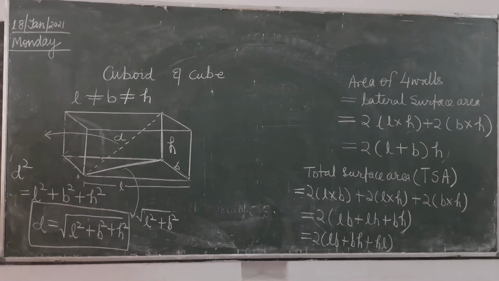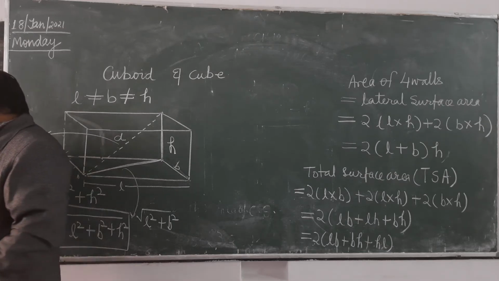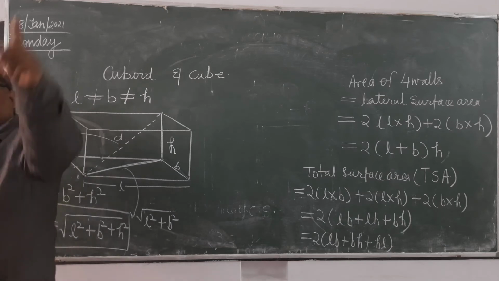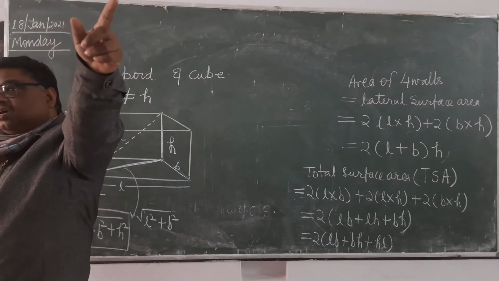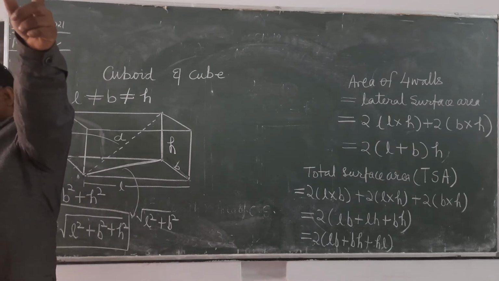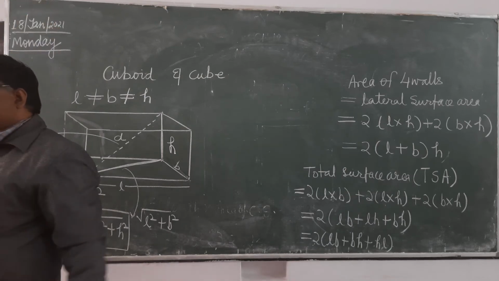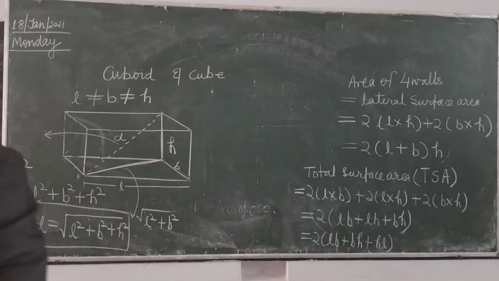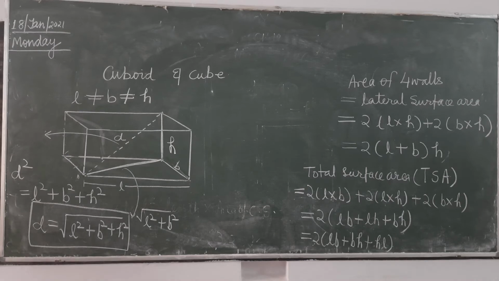For example, in this room, what is the cuboid? You join this vertex with that vertex. That will be the diagonal. It's clear? And it is the longest length inside the cuboid.